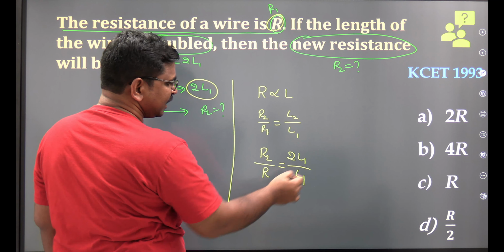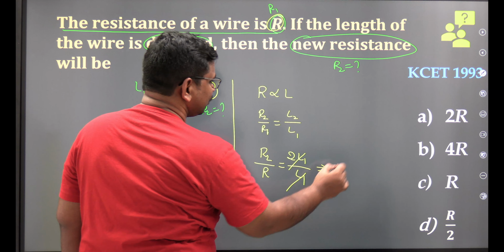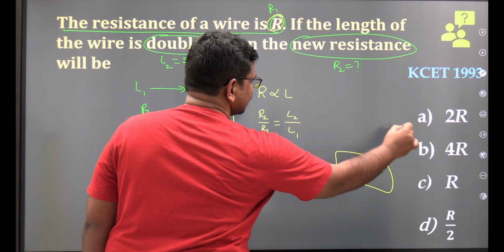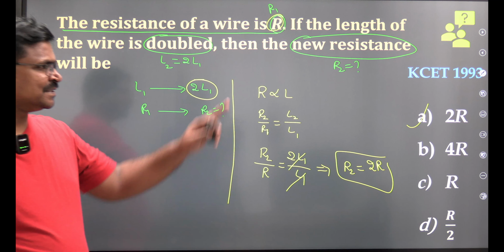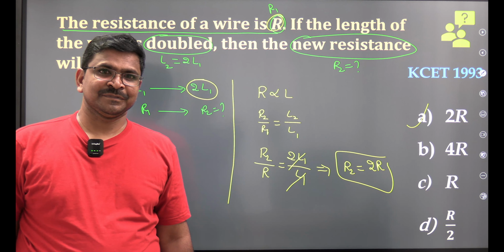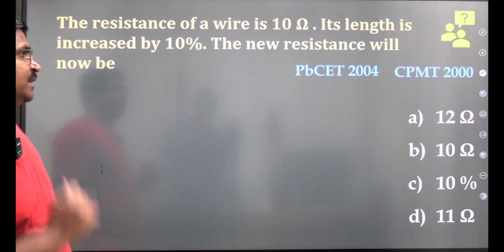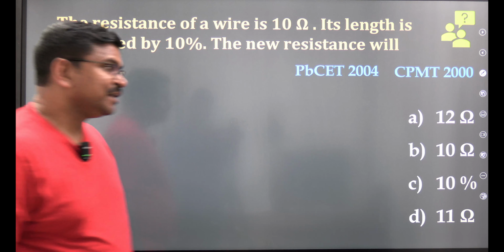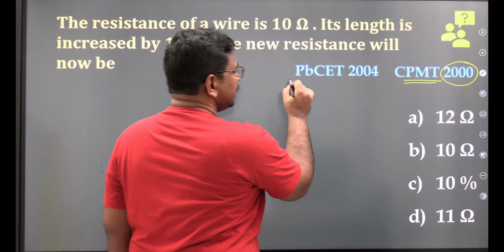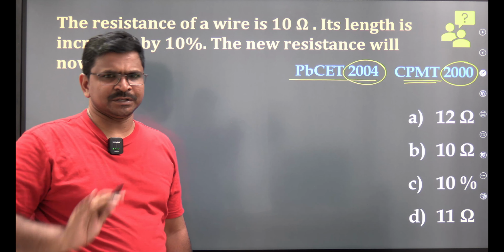Here L1 cancels, so you are left with R2 equal to 2R. Your first option. This is the Karnataka Common Entrance Test 1993 question. Suppose you may get a question in another way, like this one. This question was asked in CPMT 2000 and PBCET 2004. These kinds of questions were asked in MSET also.